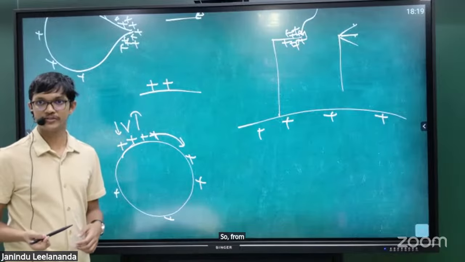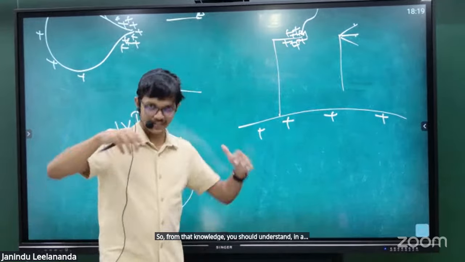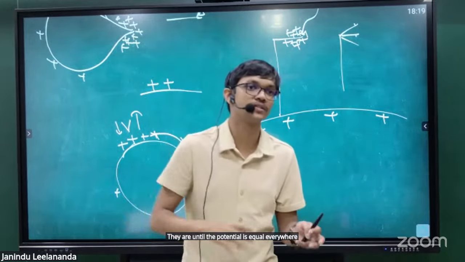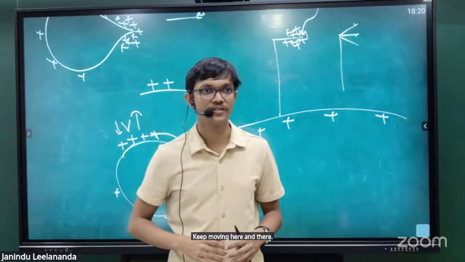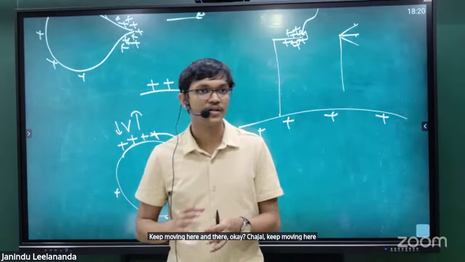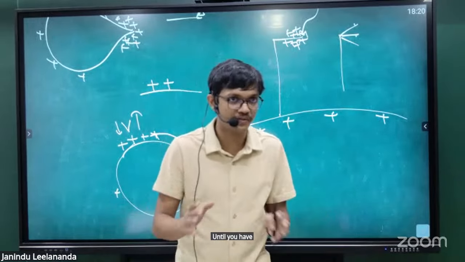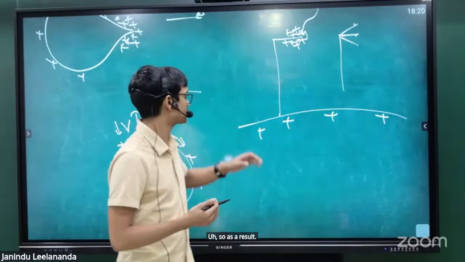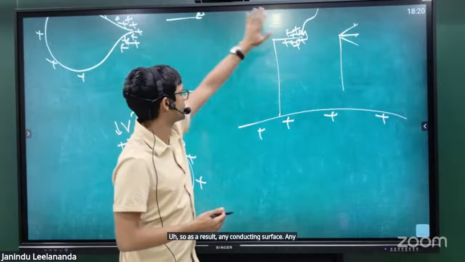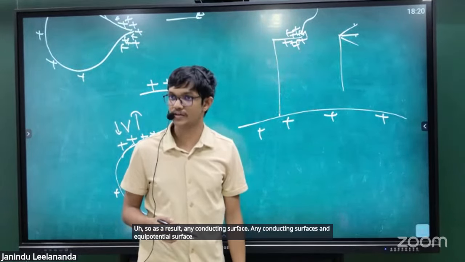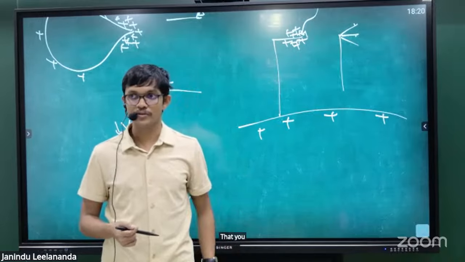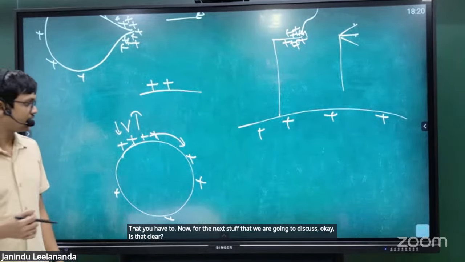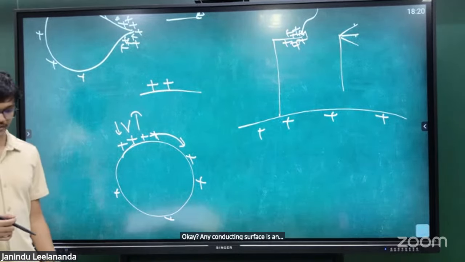So from that knowledge you should understand this is a conducting surface. Until the potential is equal everywhere, charge will keep moving here and there. So as a result, any conducting surface is an equipotential surface. That you have to know for the next stuff that we are going to discuss.